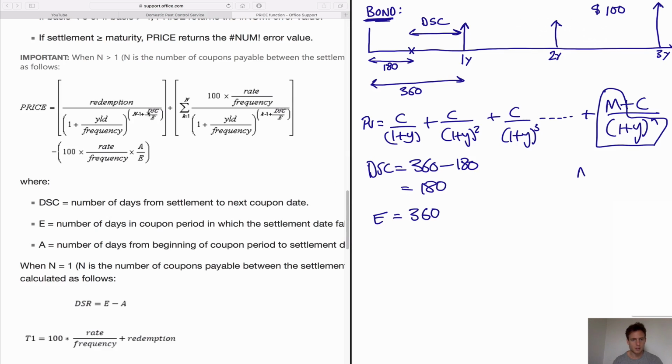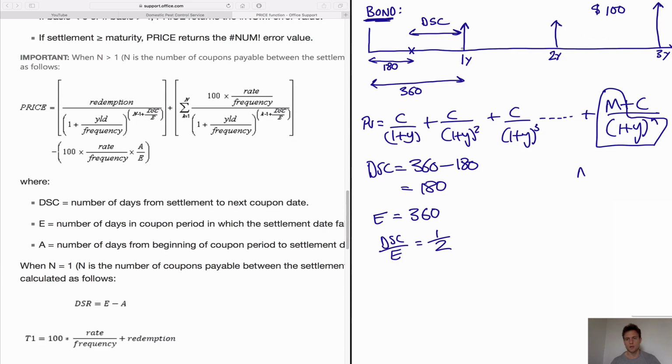So DSC over E over here, which is a ratio you'll find here, is DSC divided by E equals a half. Right? So DSC over E is a half, and N minus 1, where N is the number of coupons, if you see here, between the settlement date and the redemption date.